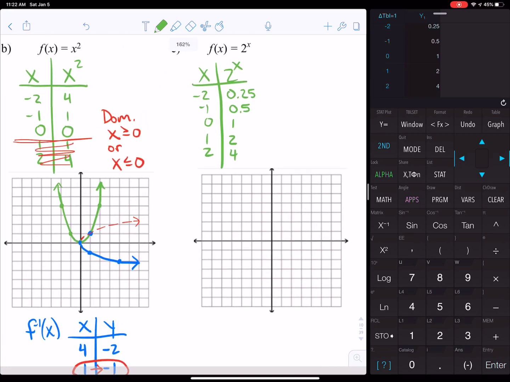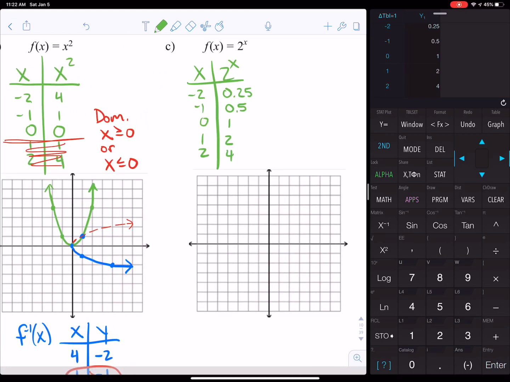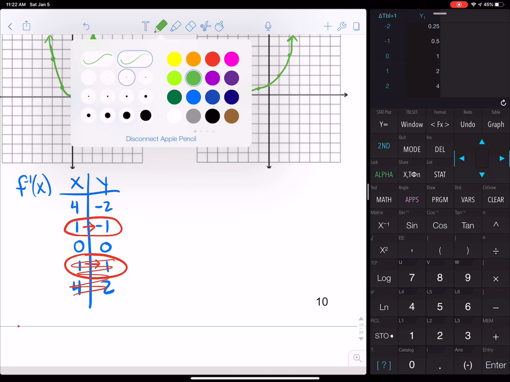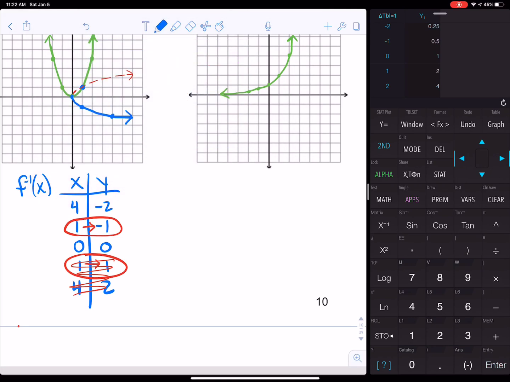And then we can plot these points. So -2 goes with 0.25. -1 is with 0.5, 0, 1, 1, 2, and 2, 4. We start to see that exponential curve. Now let's make a table of the inverse first. If we do the inverse function, our x and y switch places.